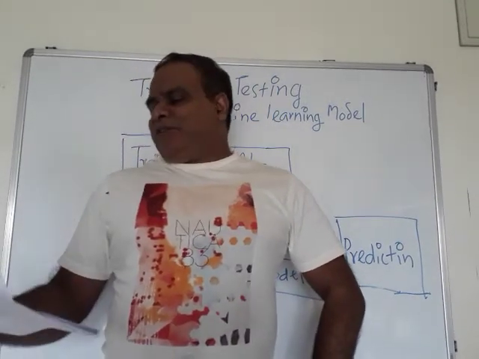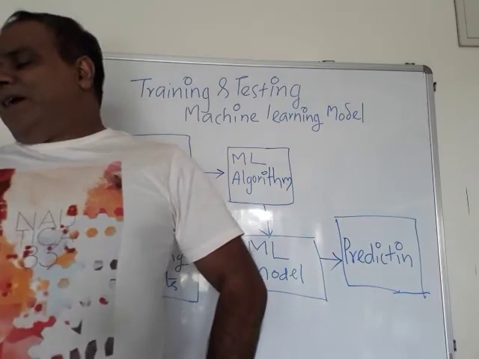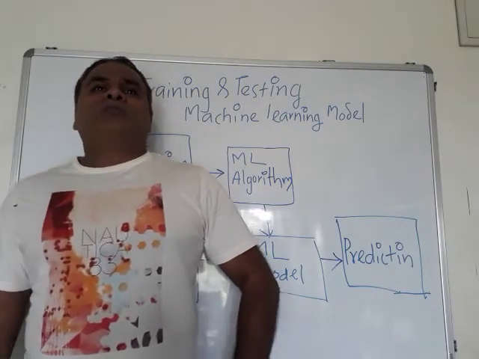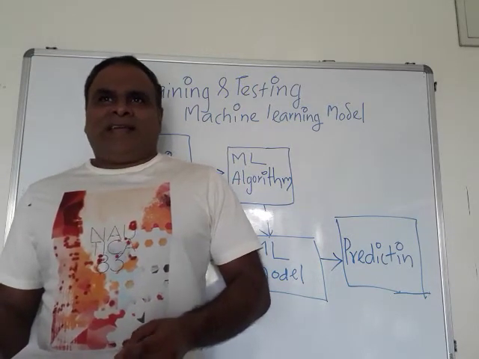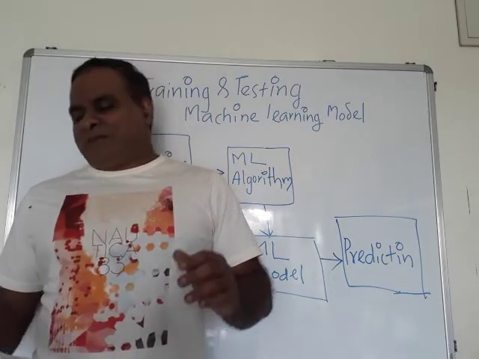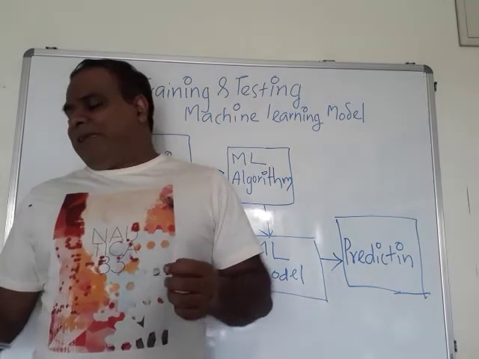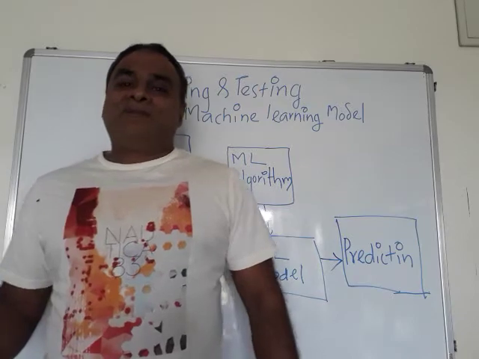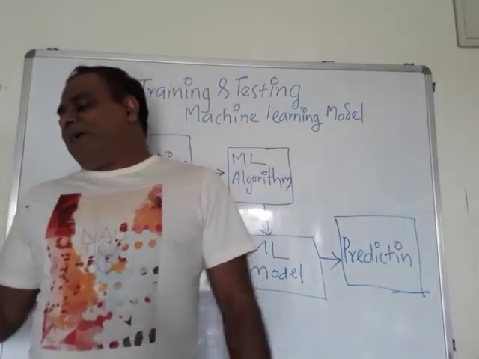While he was working at IBM in 1959, he designed a program to play checkers. What he learned was that the program he designed was improving during the course of time.